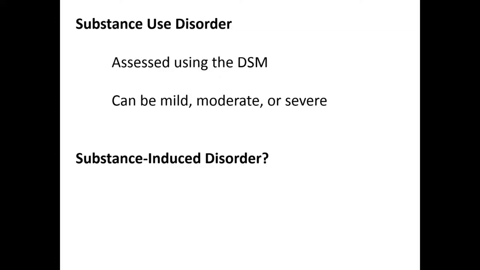Or hallucinations. When people hear hallucinations, they often think of diagnoses like schizophrenia, but people can have hallucinations, delusions, or paranoia that are substance-induced and not the result of a mental health issue. In those circumstances, someone could be diagnosed with a substance-induced disorder.